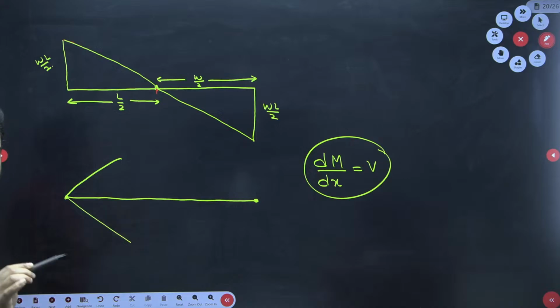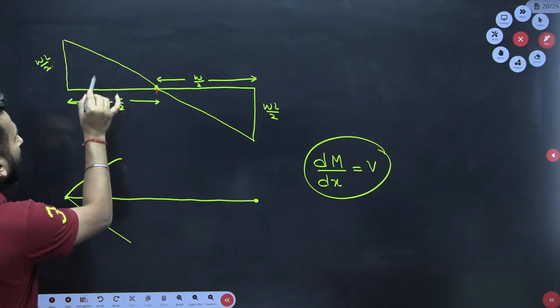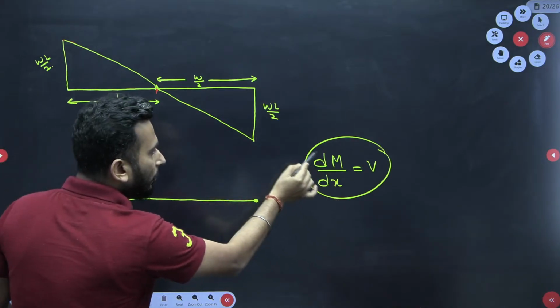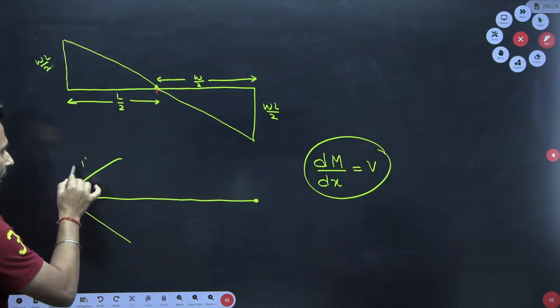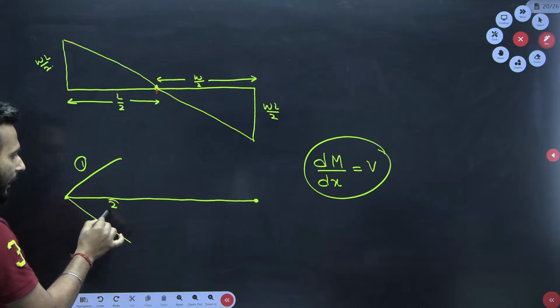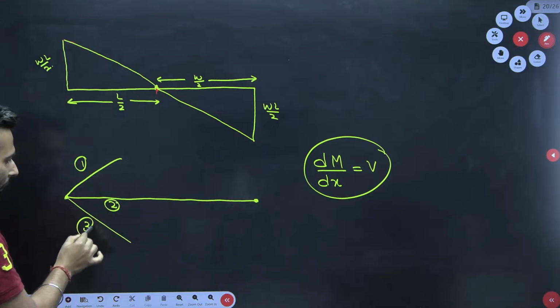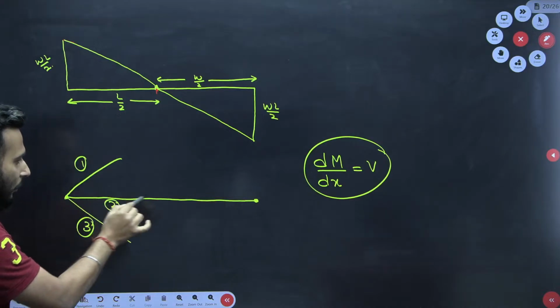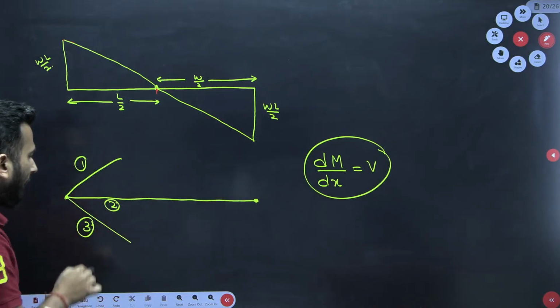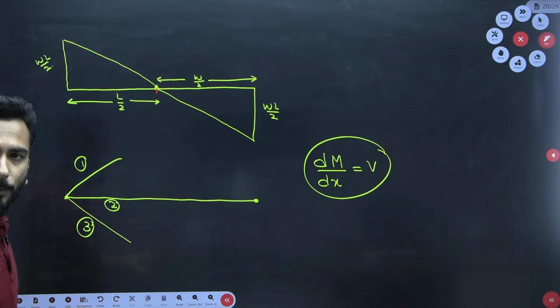But which way will I go? So see, you know this relation. So this will be given by slope. Where will you go? Case 1, or case 2 straight, or case 3 down.